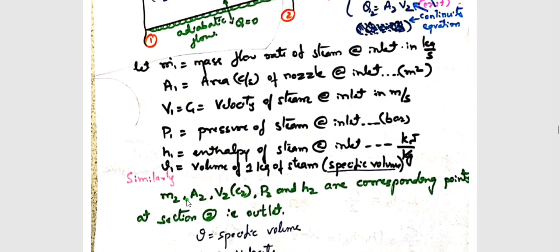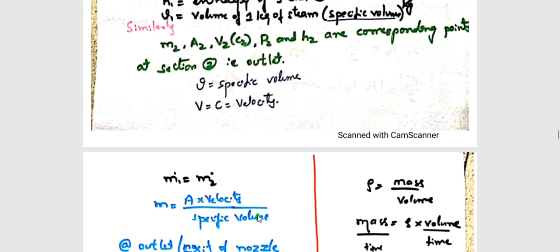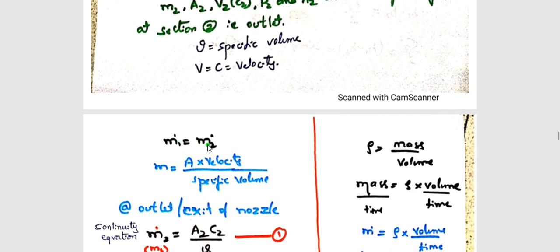Here I have written M2, A2, V2, P2 and H2 as the corresponding values at section 2, that is outlet. Dear students, don't get confused again. Clearly I have written here, V stands for specific volume. In some books or question papers, they may use a different letter for velocity, that is C. So both are the same.